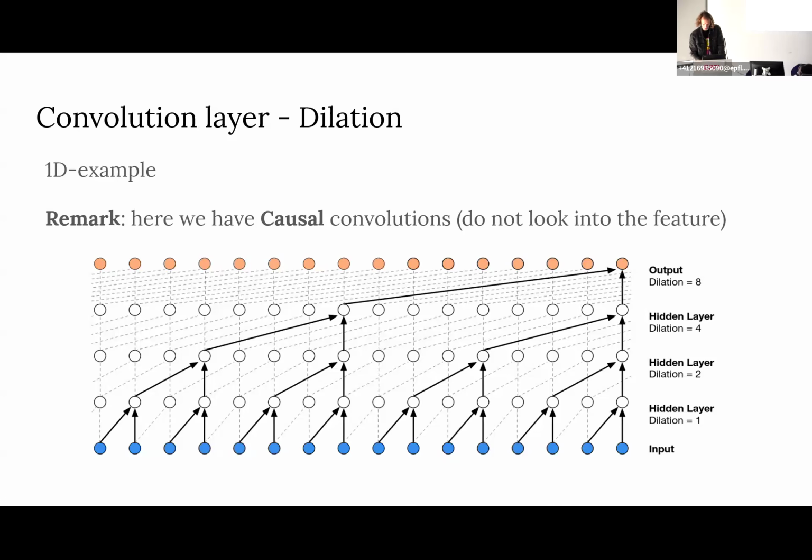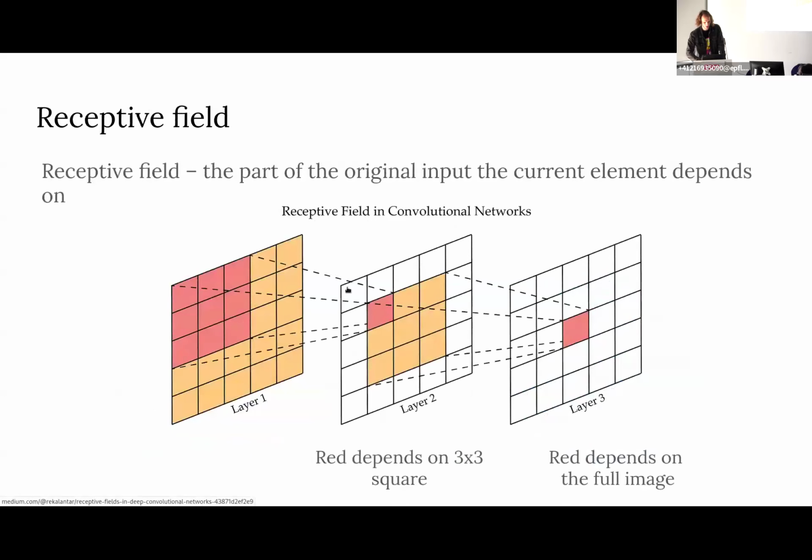What is the receptive field? Again, receptive field is what elements in your input contribute to calculating this output. So for this red point, we need to know only this part of the input.